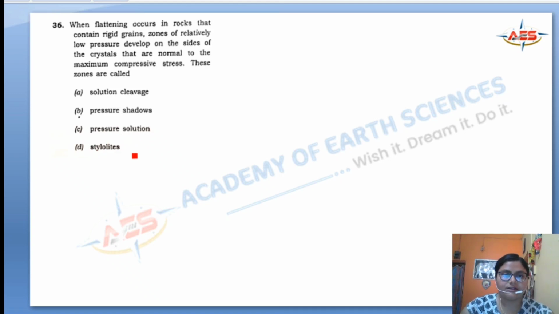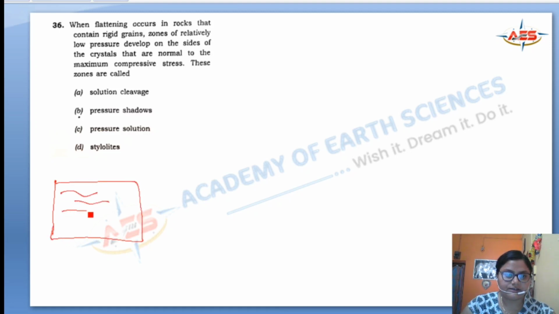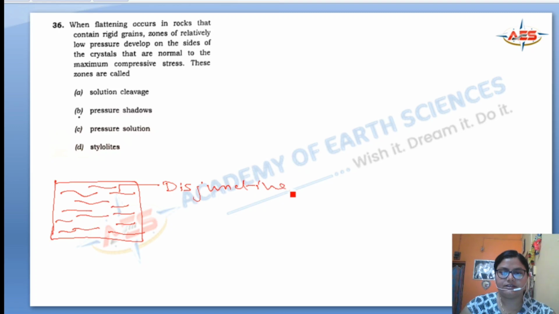See, in the case of pressure solution cleavage, what is solution cleavage? Generally, within the rock there are many disjunctive cleavages that develop due to pressure solution. These rocks are mainly quartzites and limestone.